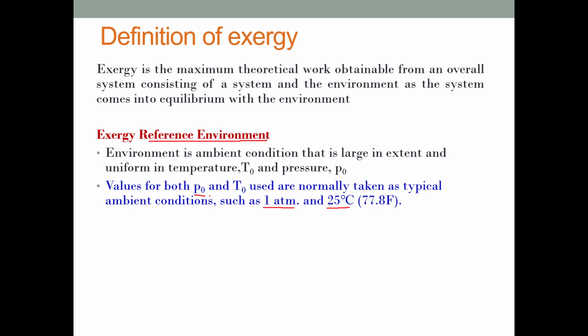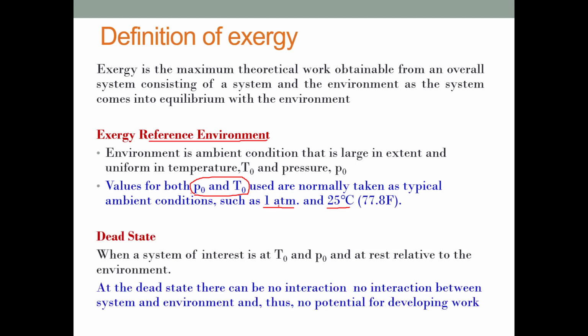Normally we represent that as P naught and T naught. These are the ambient conditions. P naught and T naught is the reference state. So whenever we want to calculate the work potential or the exergy of a system, it is always calculated with reference to some ambient condition, with reference to P naught and T naught.